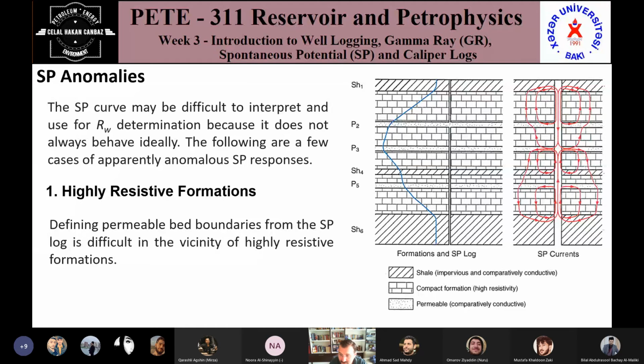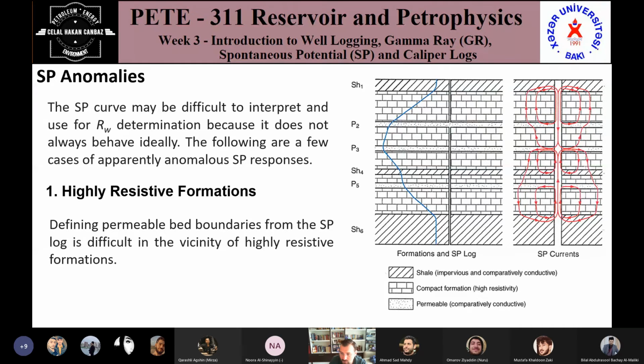For example, the currents in the upper shale 1, toward the permeable bed P2, are largely confined to the borehole by the high resistivity of the formation separating shale 1 and P2. The current in the borehole over this interval is constant.